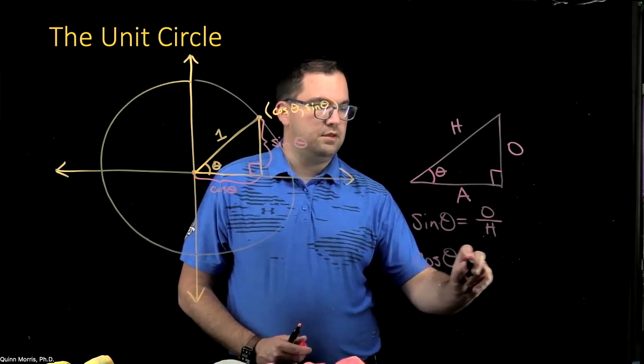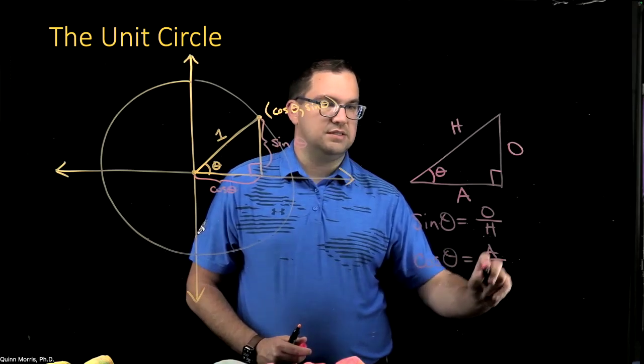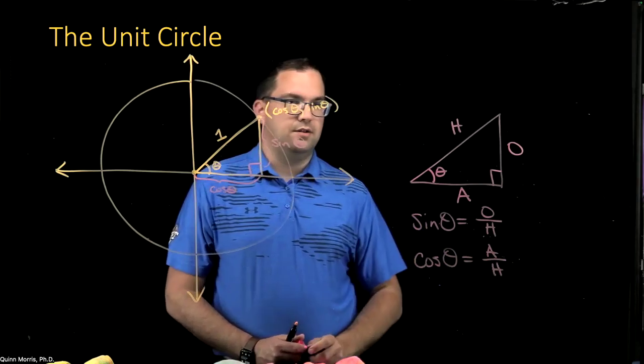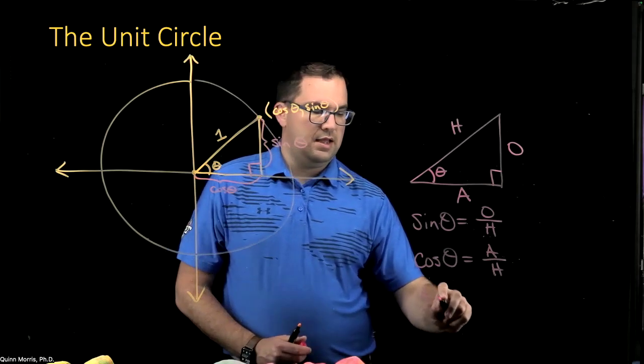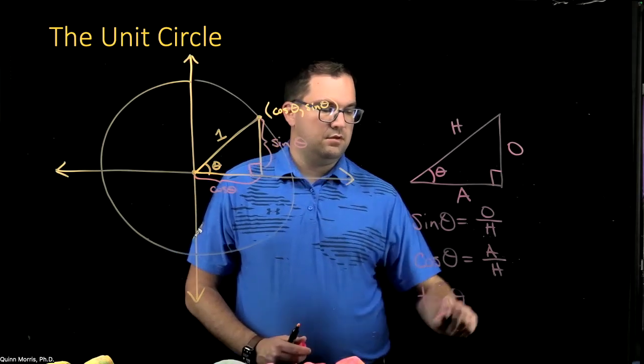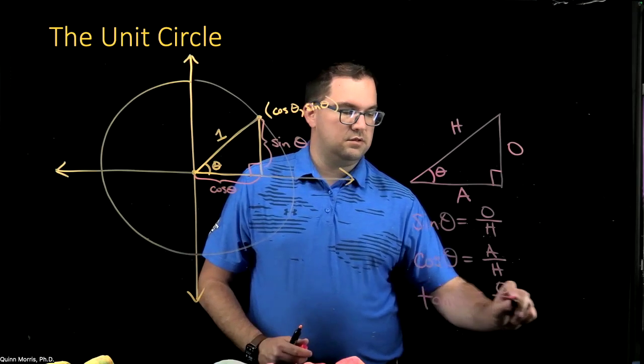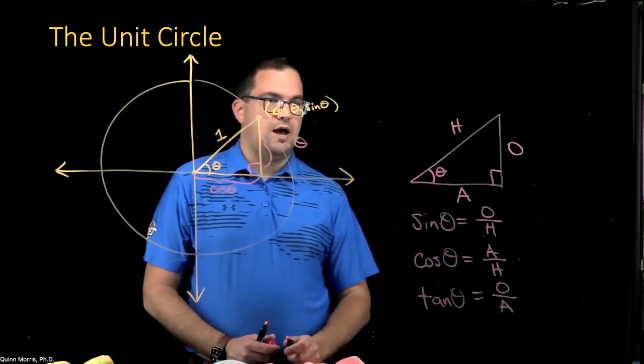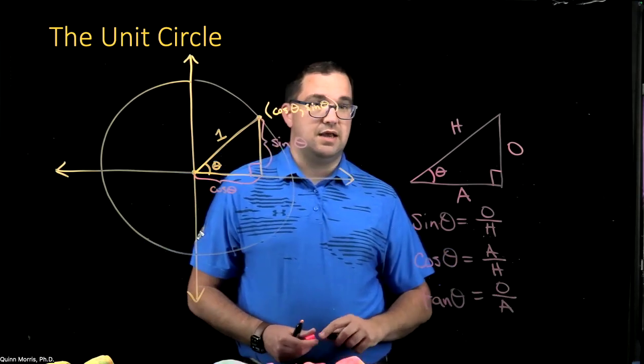Cosine of theta is the ratio of the adjacent side length to the hypotenuse length. And tangent of theta is the ratio of the opposite side length to the adjacent side length.